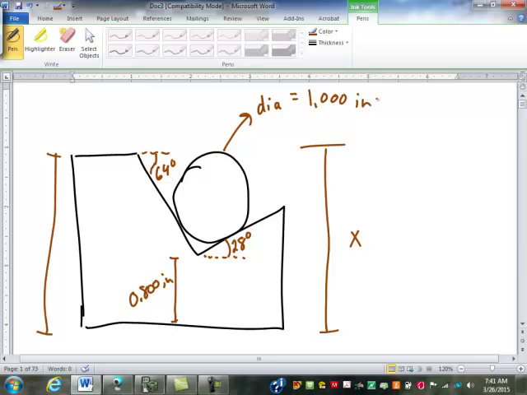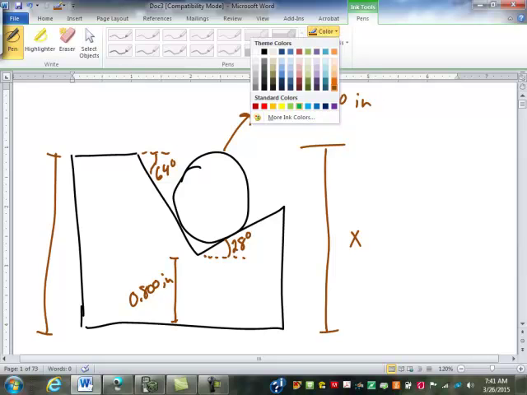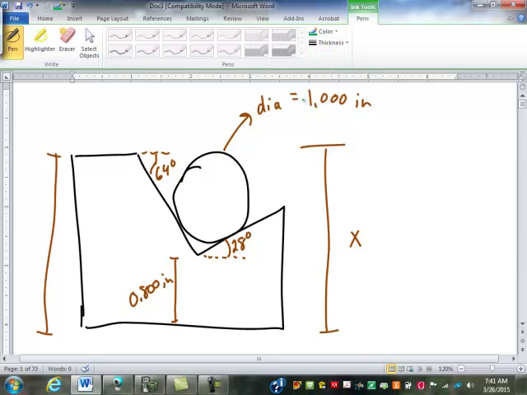Where are we going to go from there? Tell me what you know here. Well, we know we got a dot there. Radius is 0.5. Why did I draw it like that? That's tangent, right angle. So we know both of those are going to be right angles.